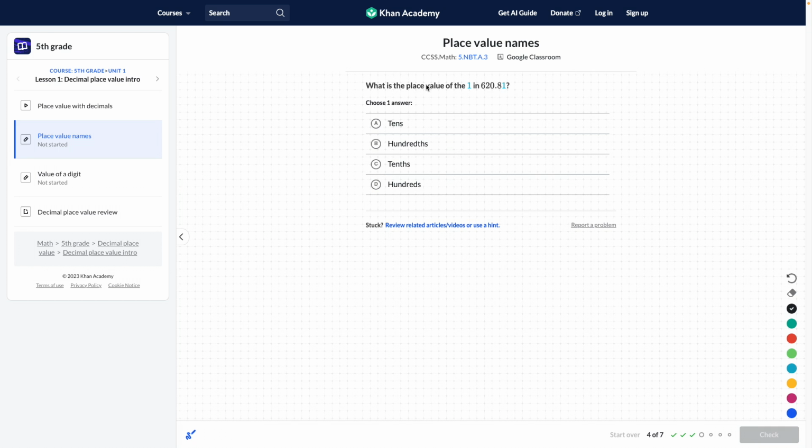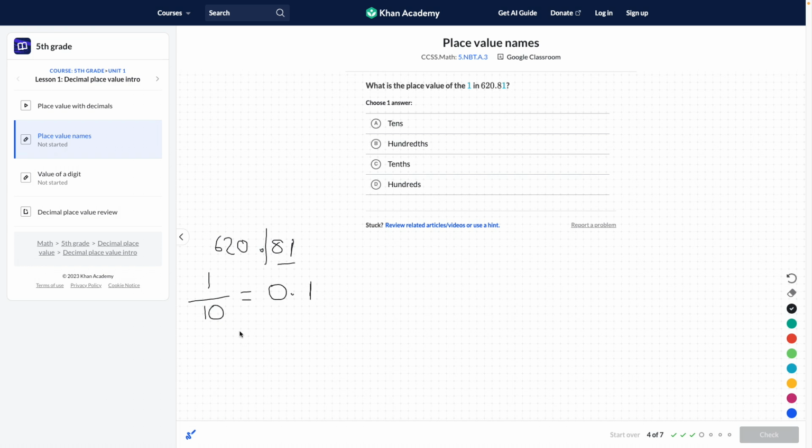Next one. What is the place value of the 1 in 6.281? Well, we know that the first one is 1 divided by 10, which is equal to 0.1.